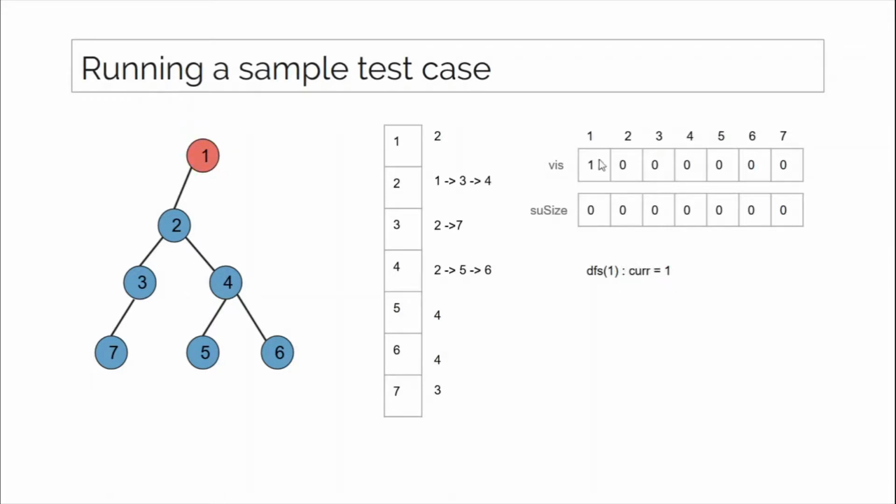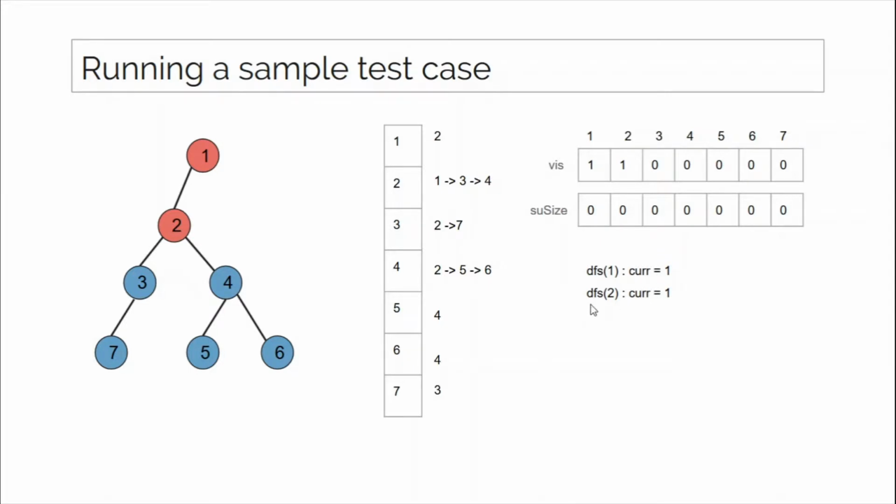So first thing we do, we mark it as visited, and then the current size of the subtree would be initialized with 1, as we have seen in the code. After that, in the adjacency list of 1 there is 2, so we would make a DFS call to node 2 and ask it what is your subtree size, and whenever it returns its subtree size, all we have to do is add that into our current.